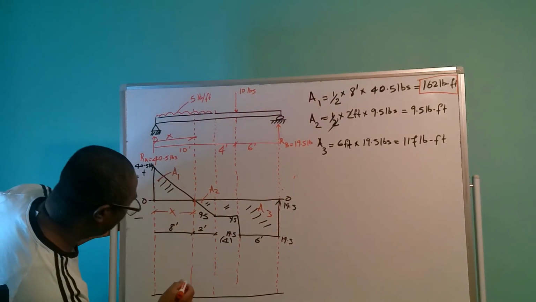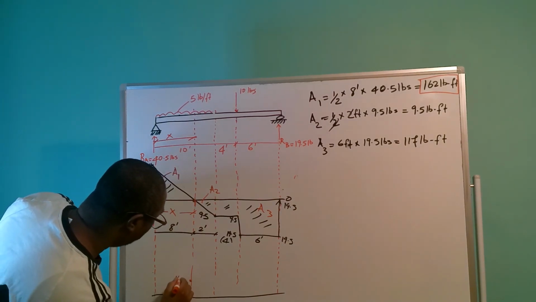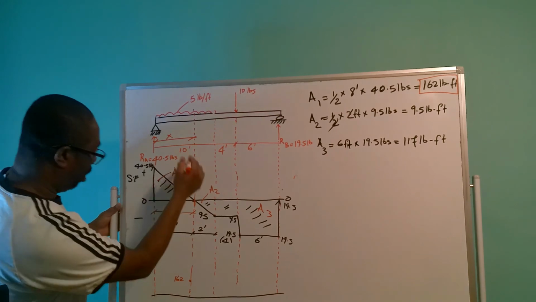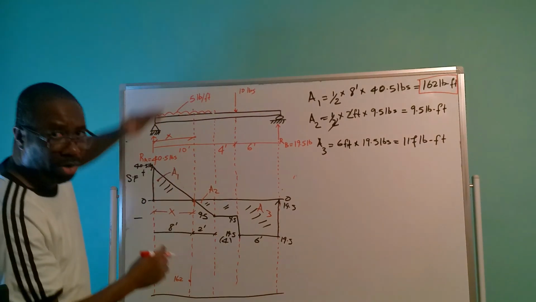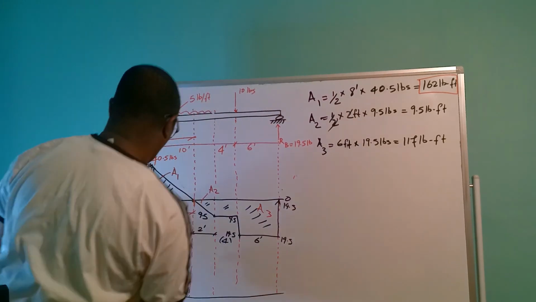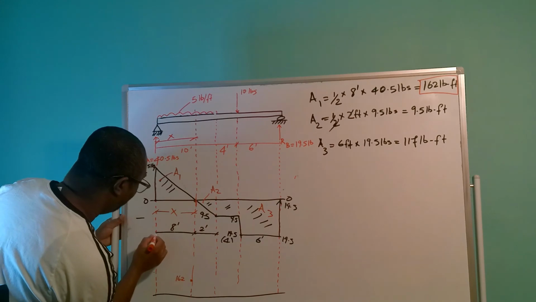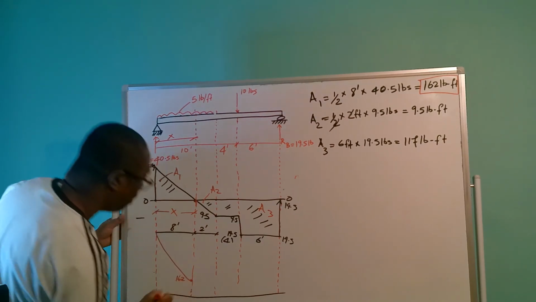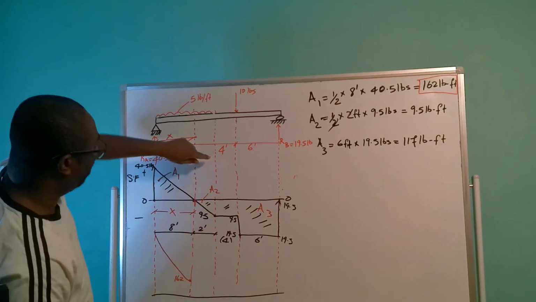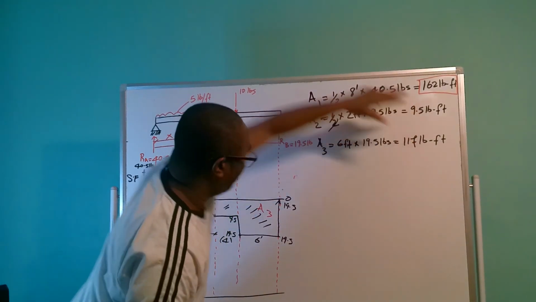So let's plot the bending moments diagram now. So I'm going to call here 162. So 162, because since it's a UDL, it's going to push down the beam like this. From this point to this point, we're going to have a curve. And then this area now, which is area 2, is 9.5 pounds foot.